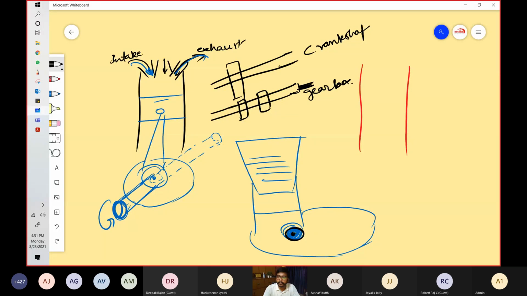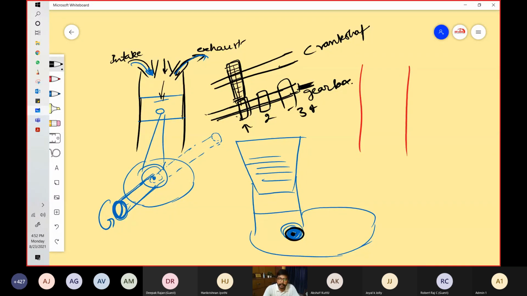The crankshaft is directly connected to the piston, and the reciprocating motion of the piston rotates the crankshaft. And the crankshaft is again connected to the gearbox shaft. And these are various gears like gear 1, 2, 3, 4, and so on.